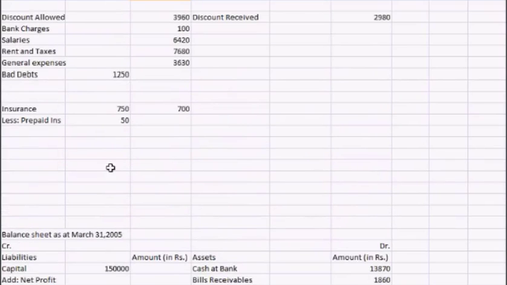So this is the amount, and we have to incorporate the outstanding interest rather, interest due in expense. Now we have made the entries like prepaid insurance, deducted from insurance, and interest due.